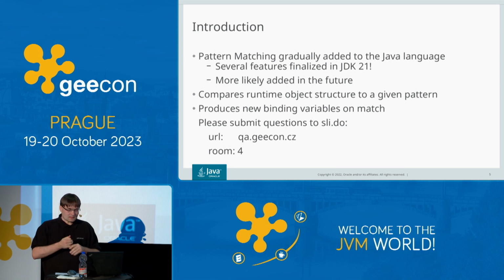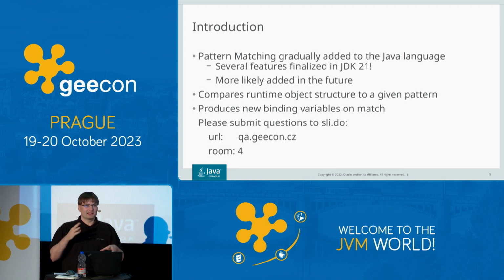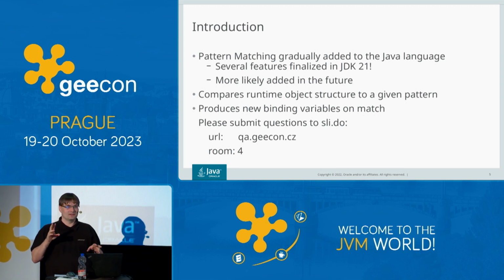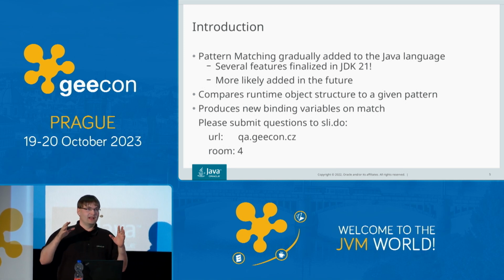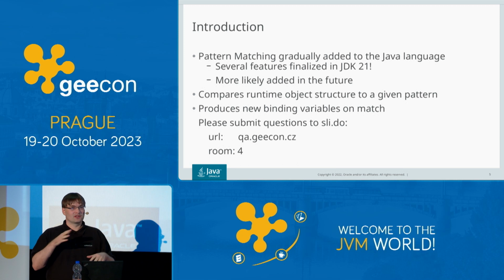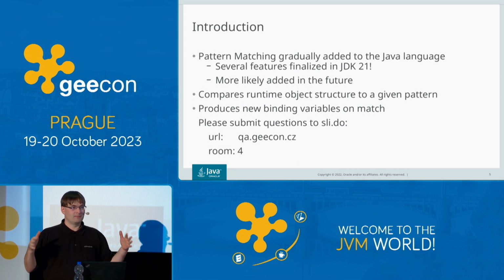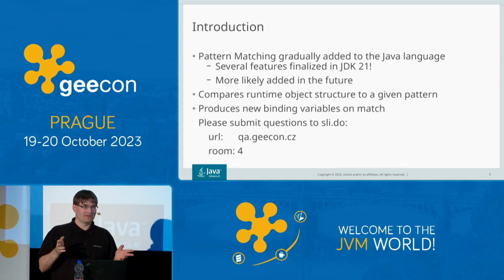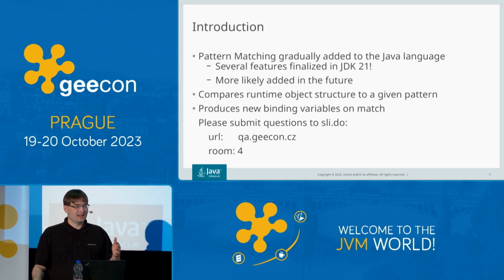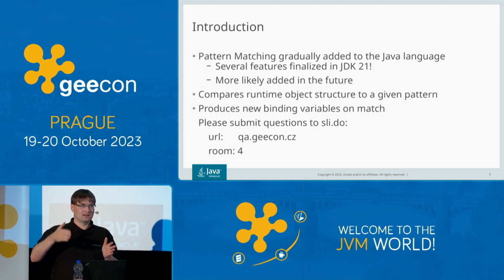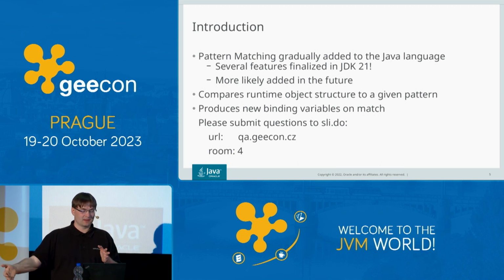So we have the fast release cadence in JDK, where we release one big release of JDK every 6 months. And 6 months is not really enough time to add a big feature, and pattern matching is a big feature. So we are adding it in phases, or in parts. Over the past many years, we are slowly adding new features related to pattern matching.